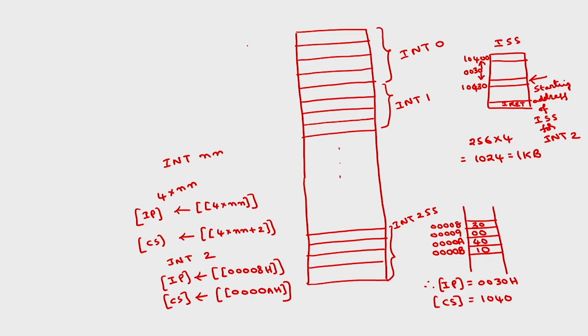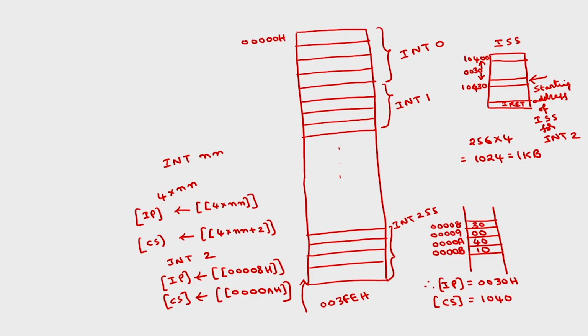If this address is, for example, 00000H, then the last address will be 003FEH, because as I have told in earlier classes, 1K means a total of 3FF locations starting with 0, so it will go up to 03FEH.